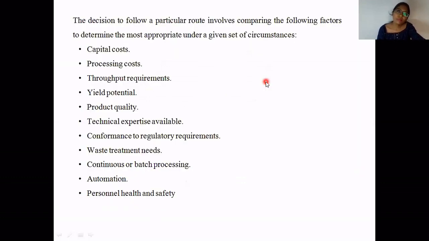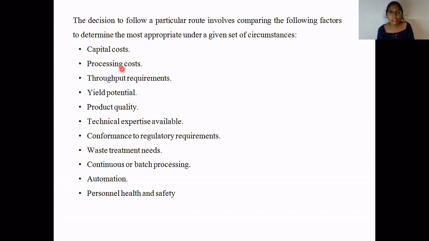Now, apart from the steps that we have seen, there are other parameters that also play a key role in deciding which process you are going to use. The first is the capital cost, which means the overall cost including everything that comes under it. Another is the processing cost: whatever instruments and power supply you have used all come under the processing.